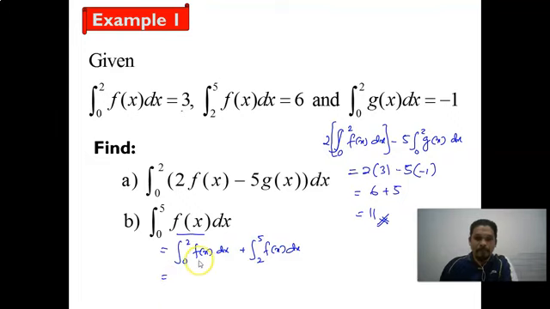This one from 0 to 2 is equal to 3, plus this one equal to 6, so it is equal to 9.